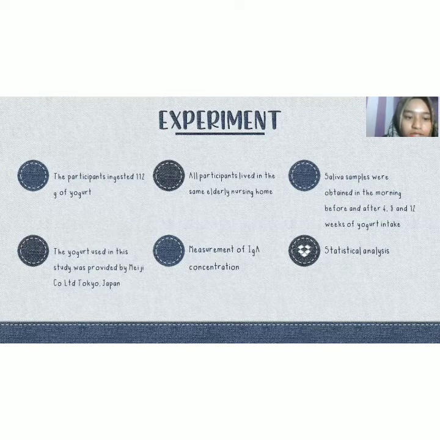Statistical analysis for difference in the flow rate of saliva, concentration of IgA in the saliva, and IgA flow rate were performed using factorial two-way analysis of variance, or ANOVA, including two main effects and one interaction effect.